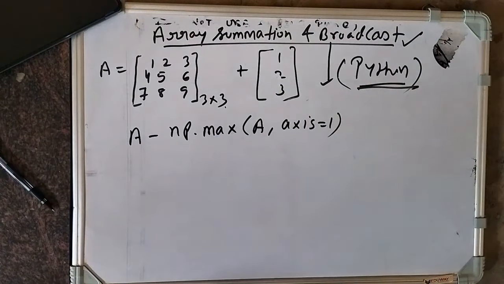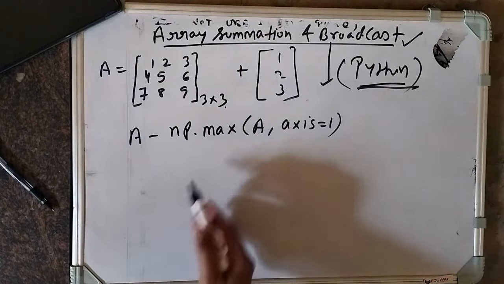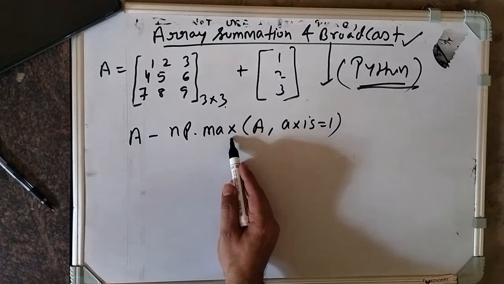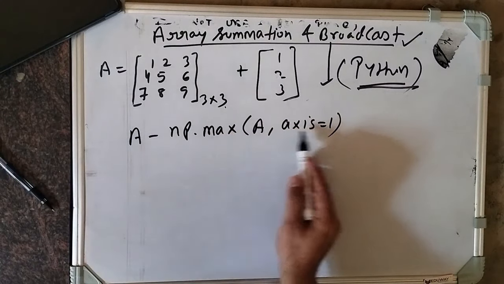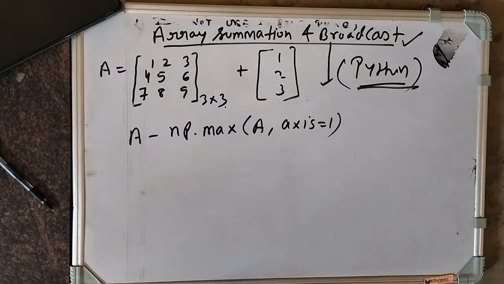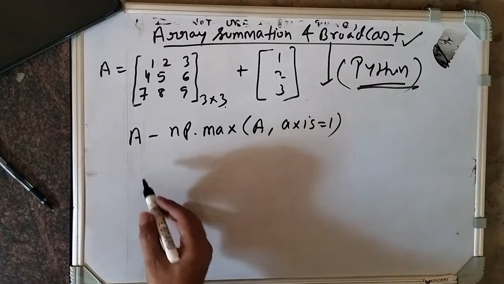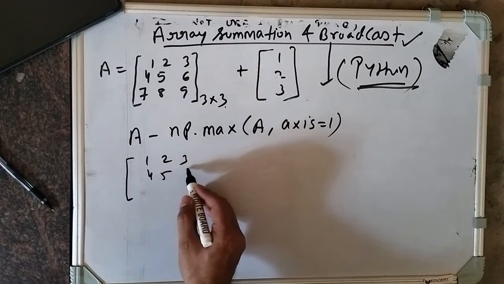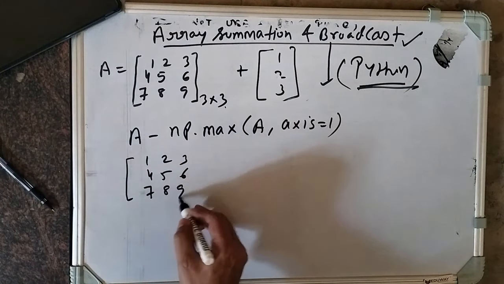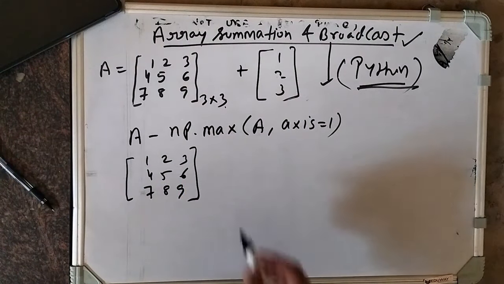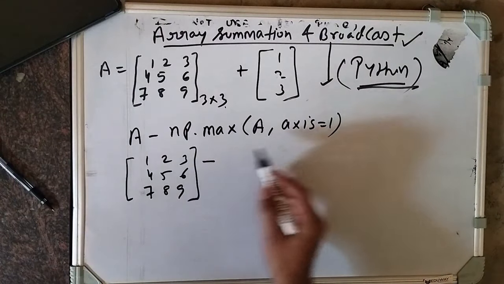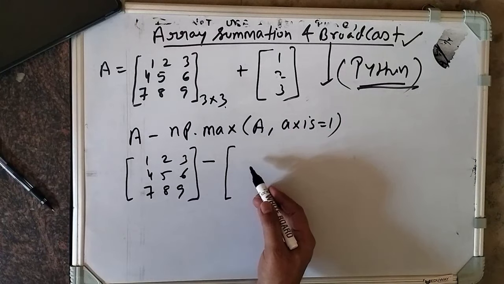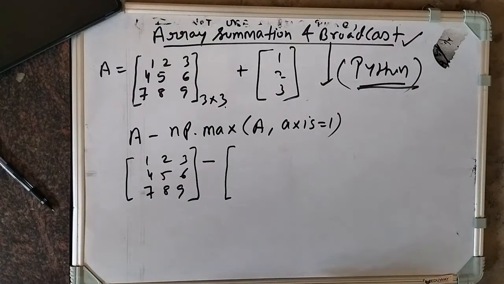Before, the old method, I am writing A means the matrix, np means numpy, I am taking the maximum of A with axis equal to 1. Now what is this actually? Your matrix is 1 2 3 4 5 6 7 8 9, minus the max with axis equal to 1. I already explained axis equal to 1. What is the meaning of this?